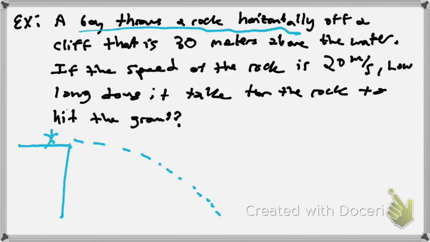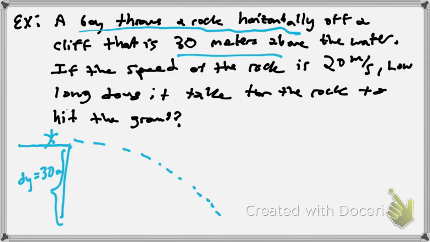We know the cliff is 30 meters above the water. So let's label that: dy is equal to 30 meters. This portion right here is 30 meters.